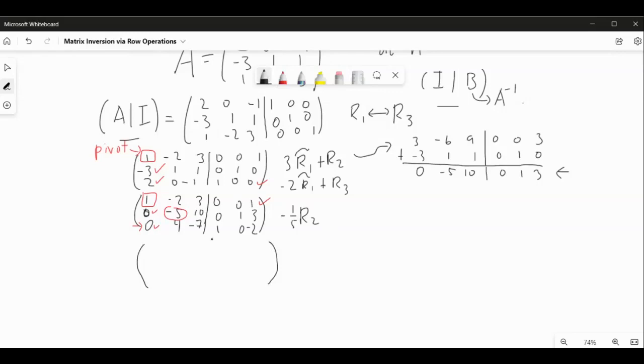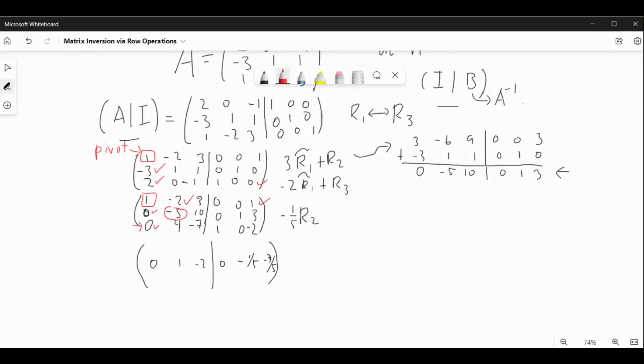If I multiply the second row by negative 1/5, we will get 0, 1, minus 2, 0, minus 1/5, and minus 3/5. Okay. And our objective then is to turn the other elements in that column equal to 0.